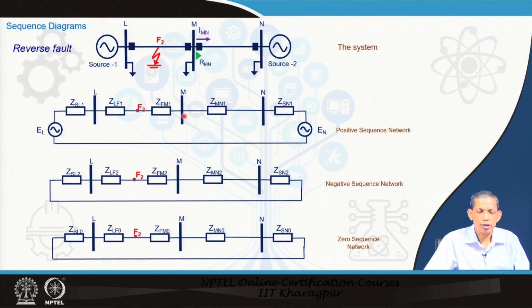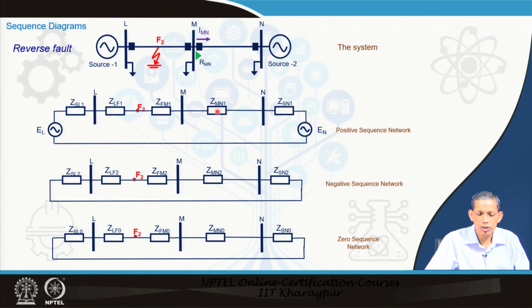Here, this is the fault point F2 to the left of this M bus, and the corresponding impedances of the source, this line section from F2 and the other portion of the ML line is Z_FM1, and this is the line section MN.